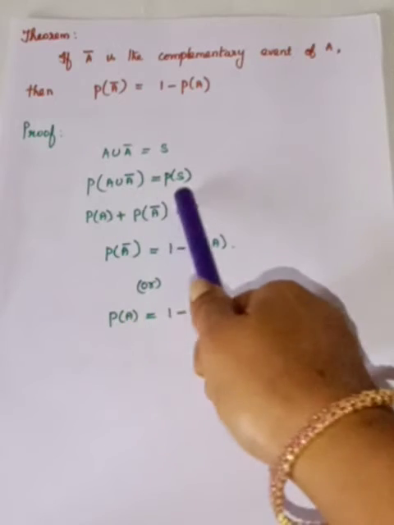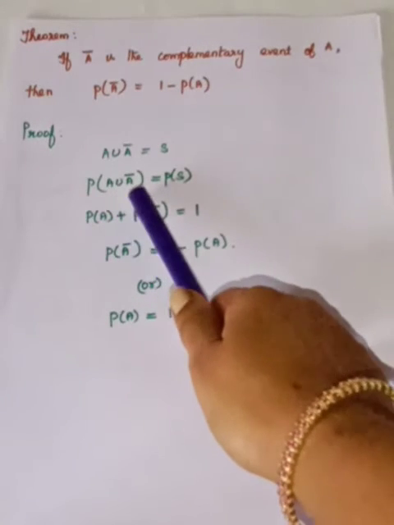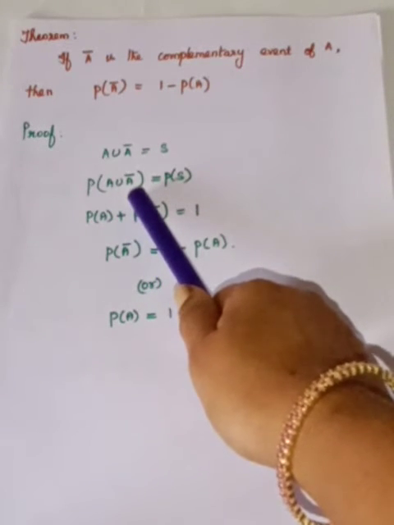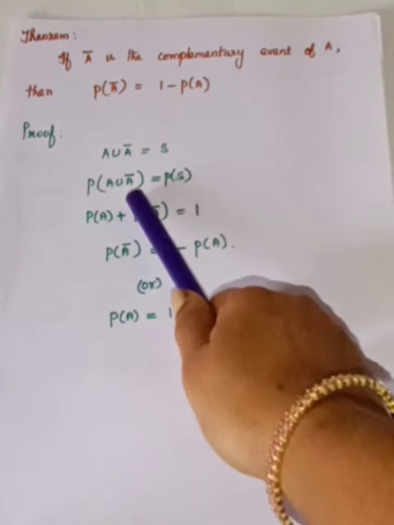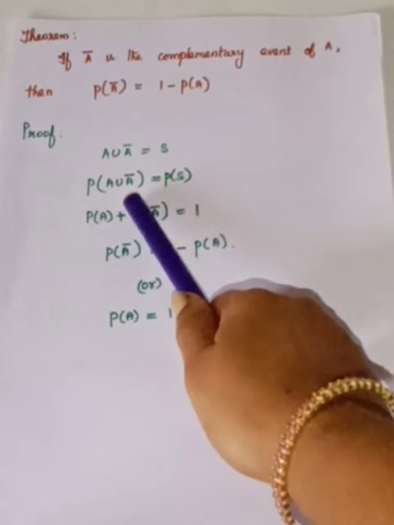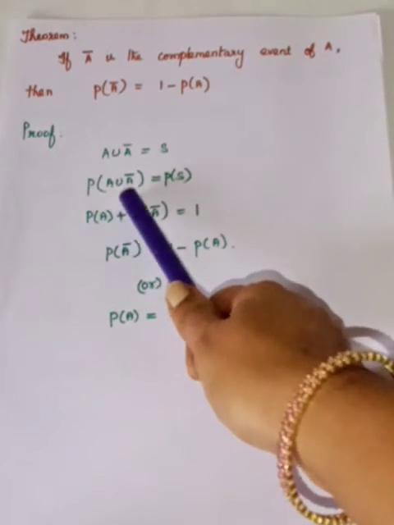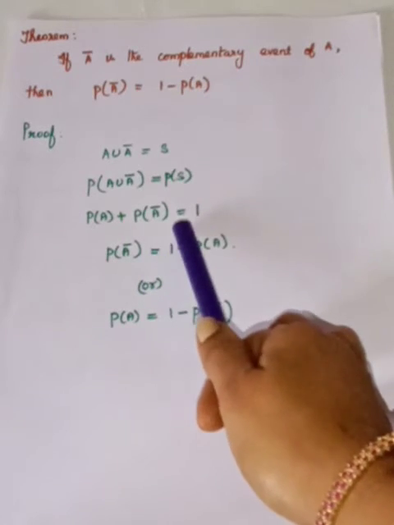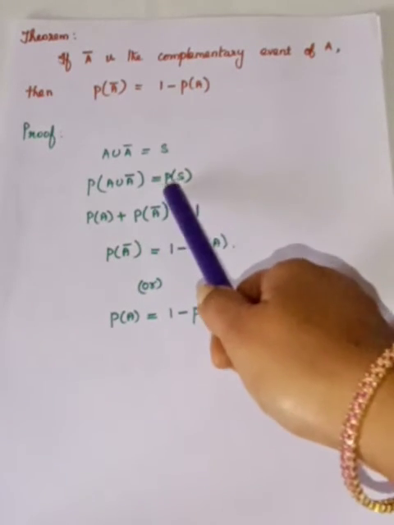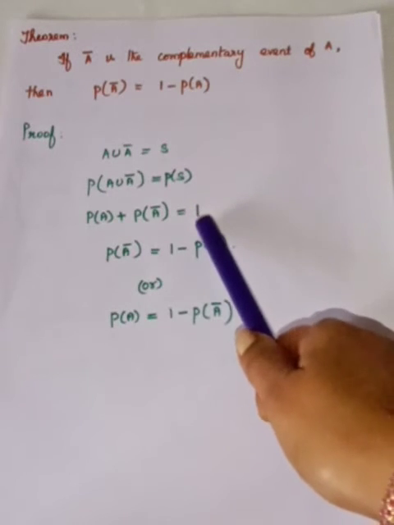So you have to apply the probability on both sides. So P of A union A bar is equal to P of S. And A and A bar are nothing but mutually exclusive. There are no events common between A and A bar. So P of A union A bar can be written as P of A plus P of A bar, is equal to, already we know that the probability of the sample space, that is the total probability, is 1.